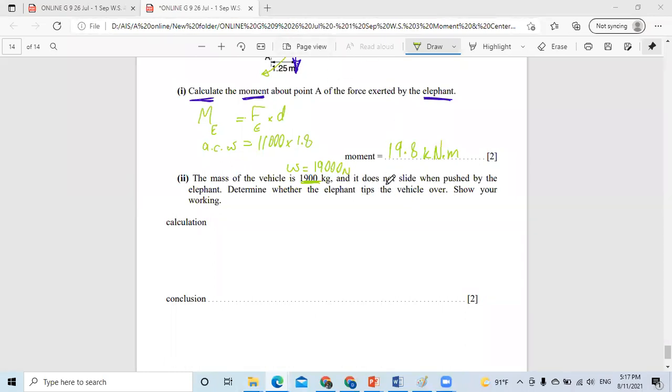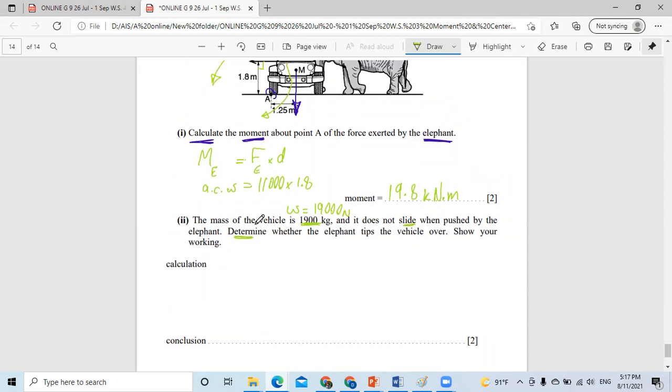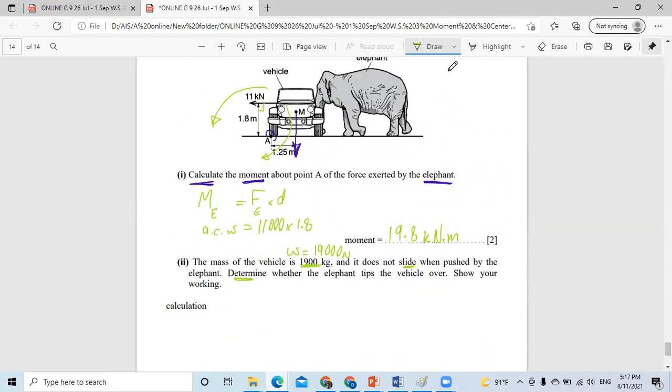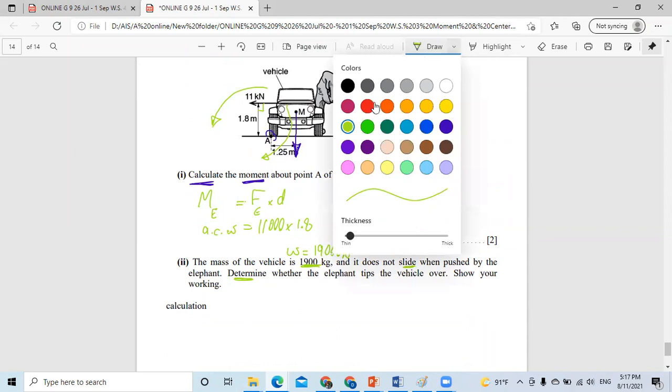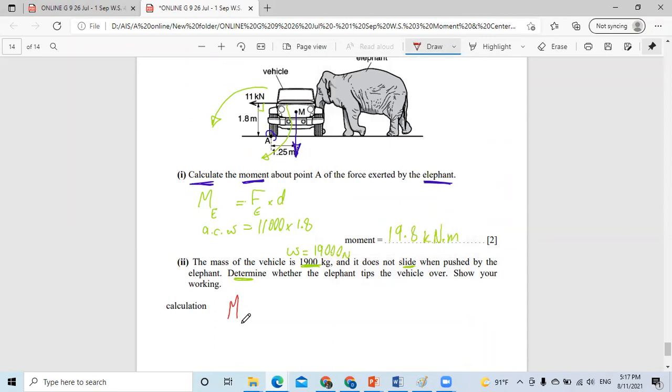Okay, and it does not slide when the elephant pushes. Determine whether the elephant tips the vehicle over. Show your working. Let's see. Now I have more work, another moment, from the weight of the vehicle.